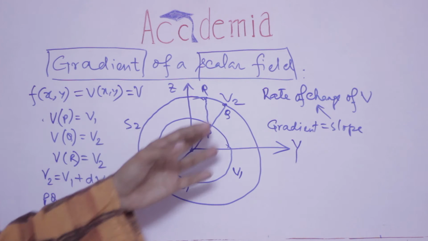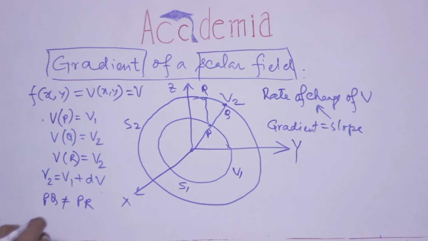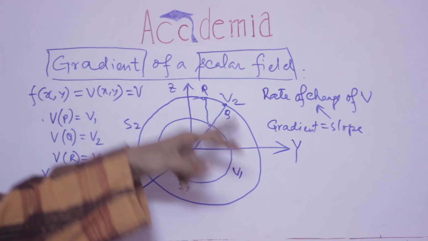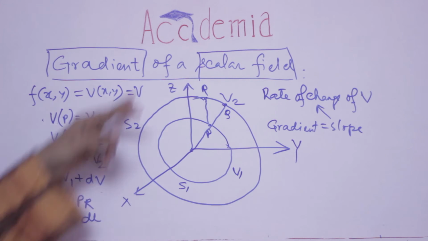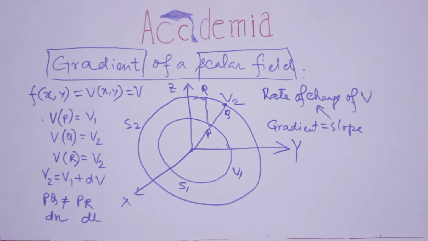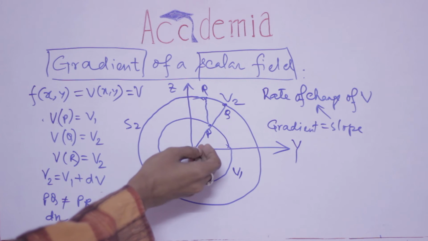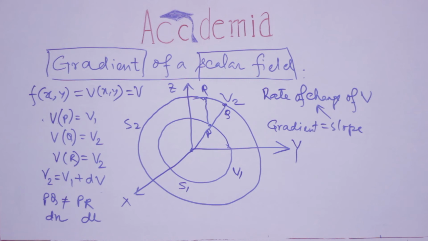Say PQ is equal to dn and PR is equal to dl. Now R is an arbitrary point on S2, whereas both P and Q are on a radius. So PQ is in the radial direction, but PR is not in the radial direction.